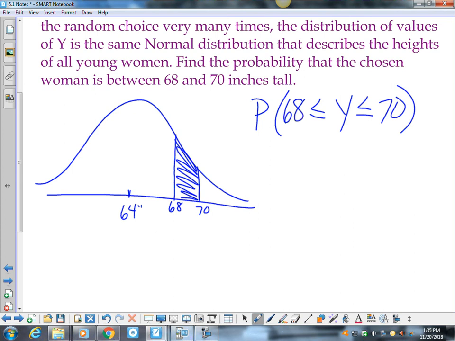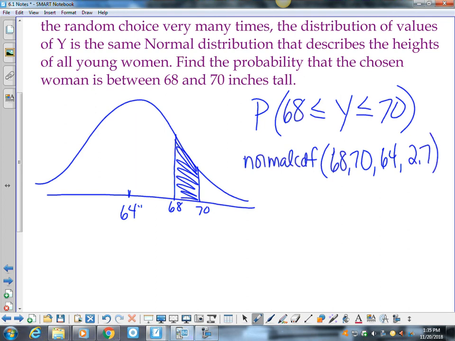Now, how do I do this? No, I'm telling you where I want you to cut it. So you're going to normal CDF from 68 to 70, and what is your mean? And what is your standard deviation? Go type.